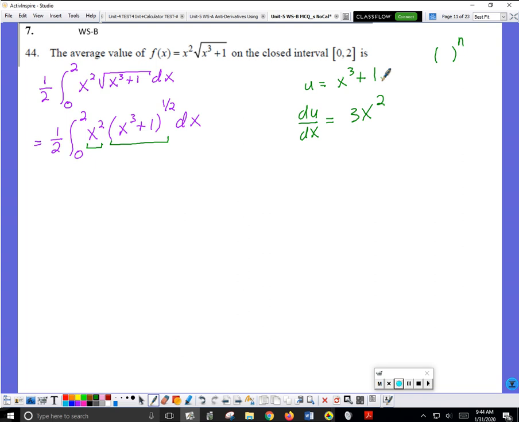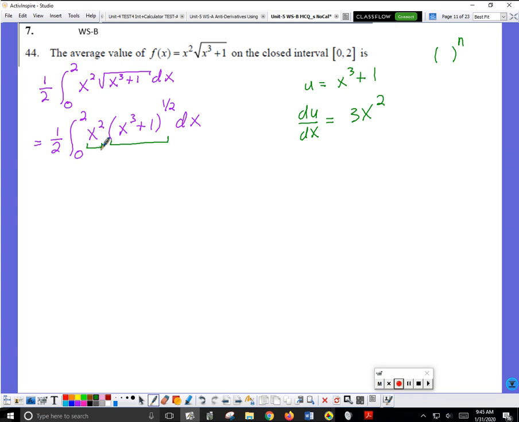I took the derivative of my something. Now here's where the words switch again. The derivative of my something came from this function. The derivative of my something must be the other function. Got it? Okay. So everything's going to work, so I just keep going.